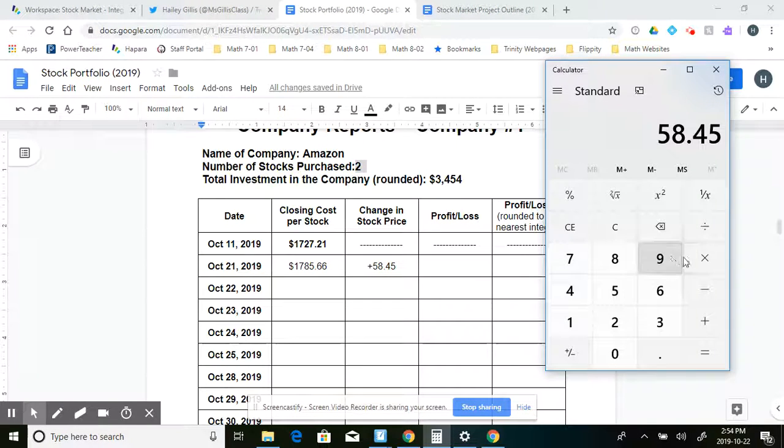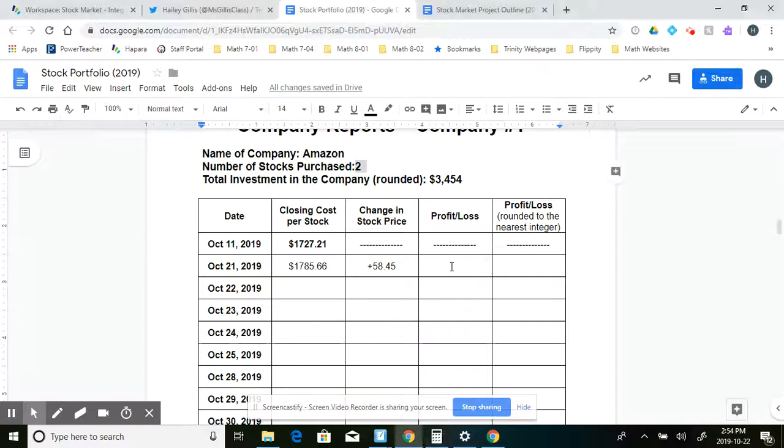So I'm going to take this value that I made per stock and I'm going to multiply it by the fact that I have two shares in Amazon to get a total amount of $116.90. So that's how much I made. So we can even put a little plus here for profit. And then the last step is I just need to round my profit. So round this to $117.